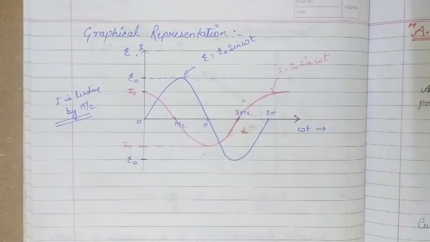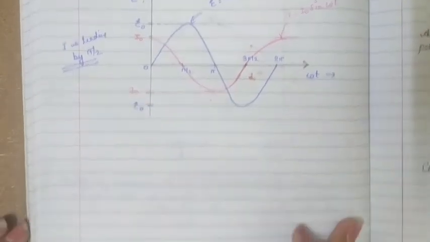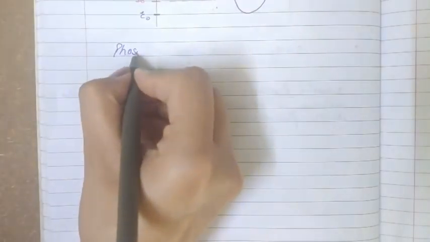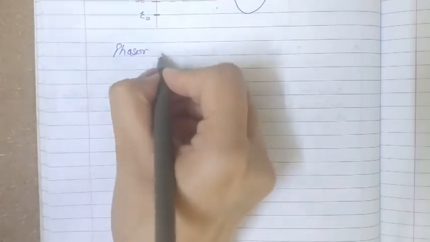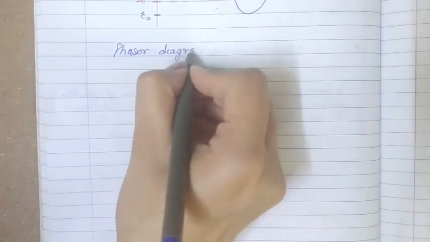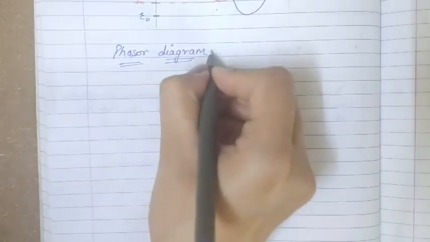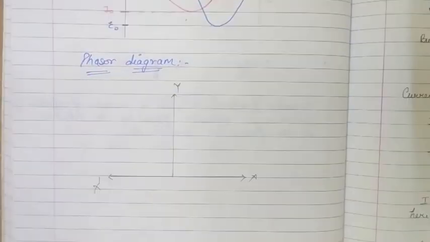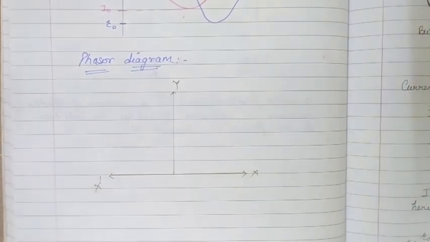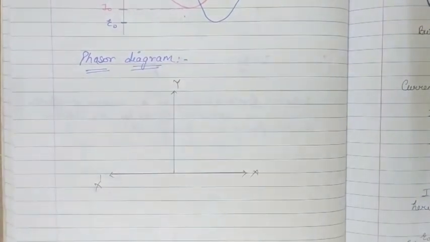So this is the difference of pi by 2, that current is leading in phase by pi by 2. Now after graphical representation, the next thing that we have to show is the phasor diagram. और इसको हम बोलते हैं Argand diagram, but generally these are known as phasor diagram only. So now we have to show EMF and current in terms of rotating vectors.